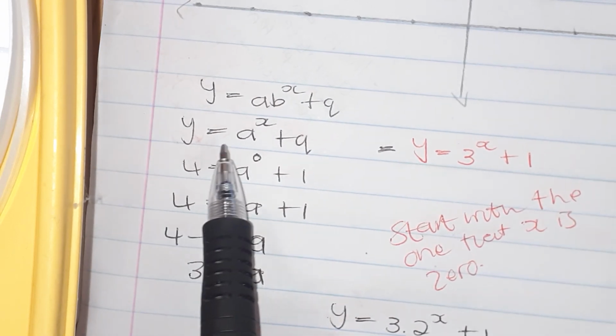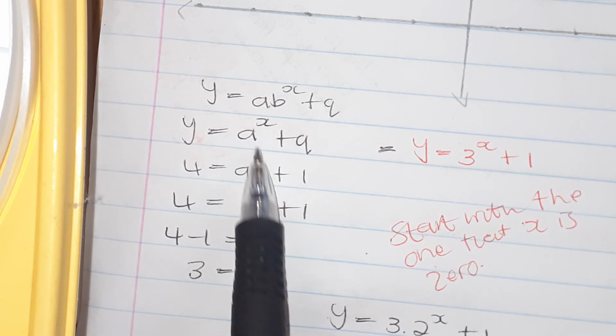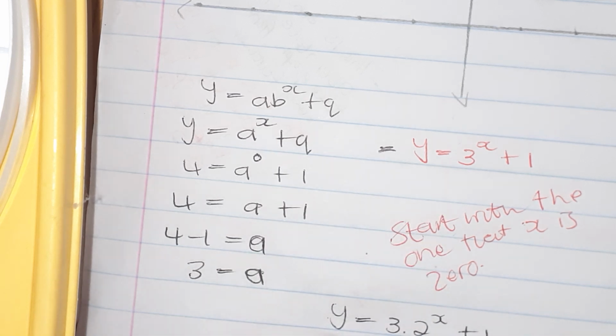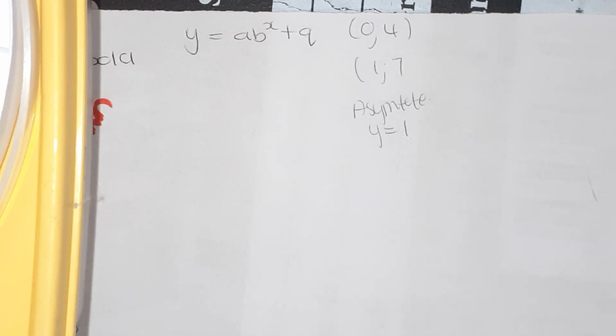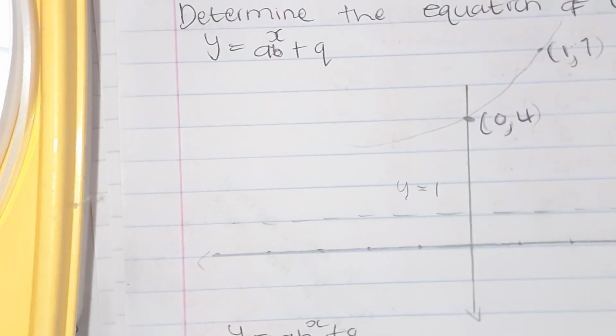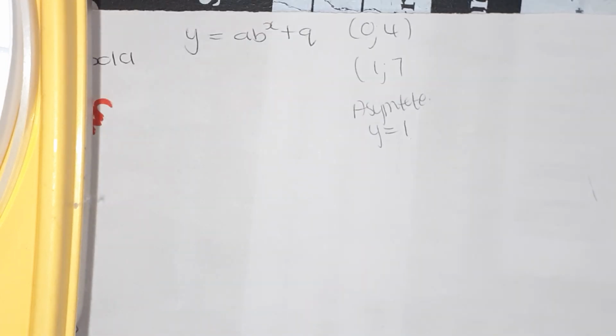So as I have shown you this graph, we are going to determine the equation of this graph step by step with you guys. So you need the value of a and b. Immediately, as you can see, we have the value of q. It is 1, the asymptote.